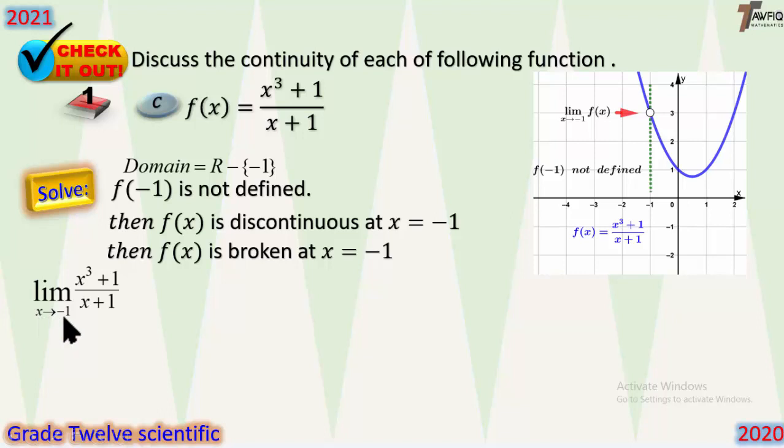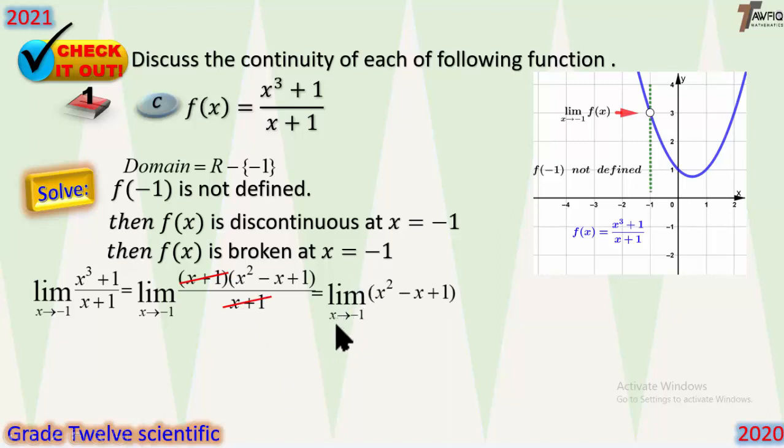Limit when x approaches minus 1 of (x cubed plus 1) over (x plus 1). Factoring x cubed plus 1 becomes (x plus 1)(x squared minus x plus 1) over (x plus 1). Now cancelling x plus 1 with x plus 1, remains the limit when x approaches minus 1 of x squared minus x plus 1.